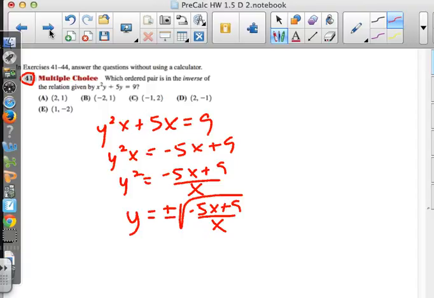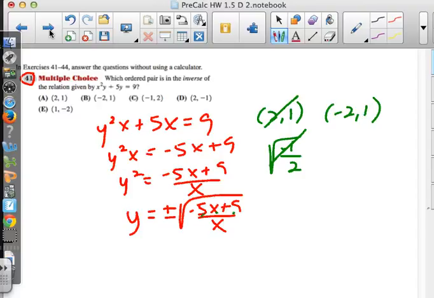So if we put a 2 and a 1 in here and give it a try, 2 times -5, that would give us -10. -10 plus 9 would give us -1 over 2, and we're saying the square root of that is going to get us a 1. Not going to happen. So 2, 1 is out. -2, 1.